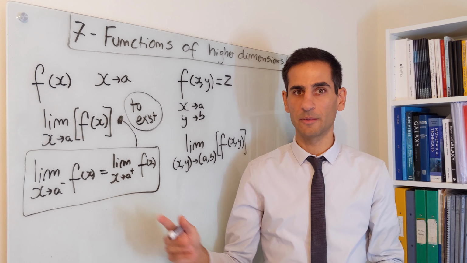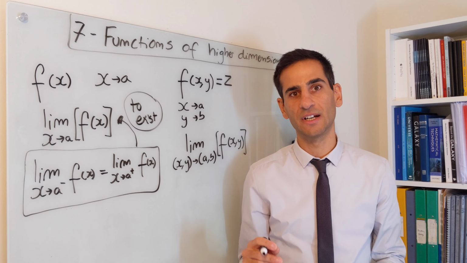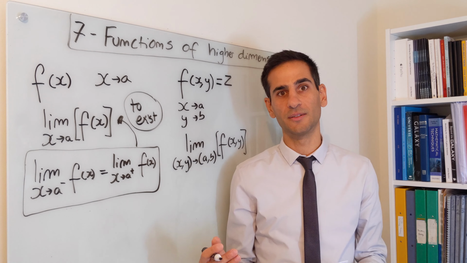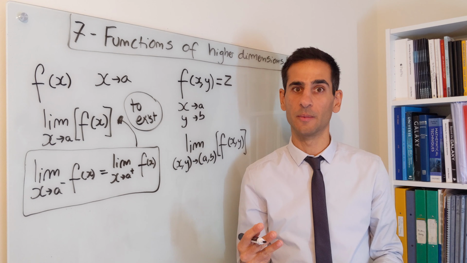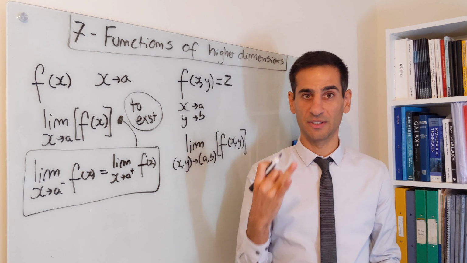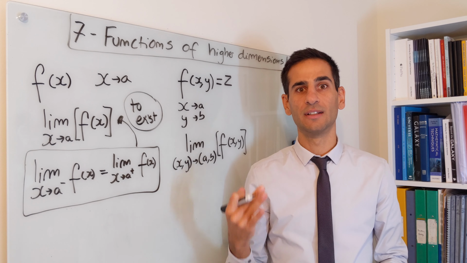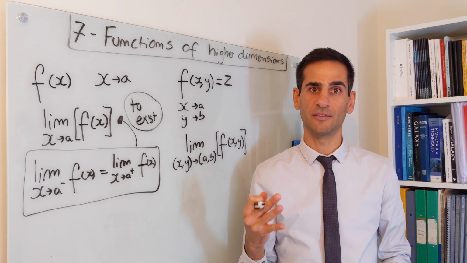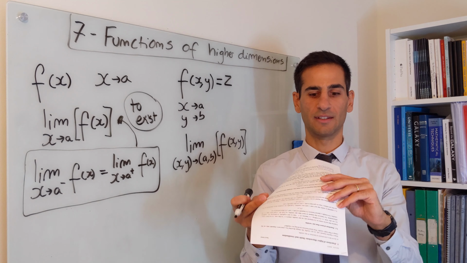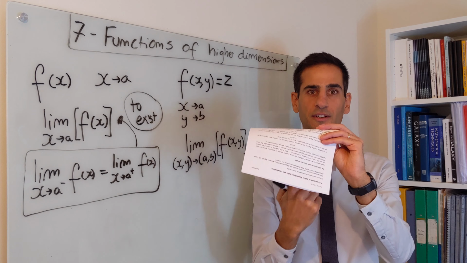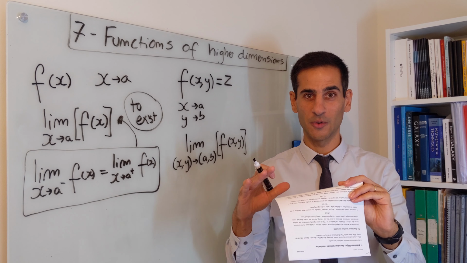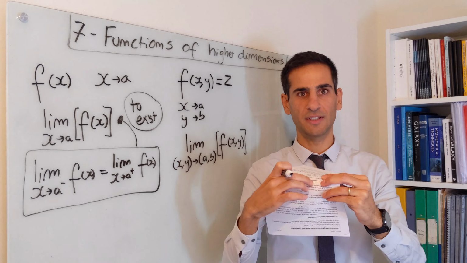But if you also remember from section 3, we defined what a continuous function is. A continuous function had to satisfy those three conditions: the function had to be defined at that point, the limit had to exist, and the limit equaled the value of the function at the point. If you look at these lecture notes at this point here, and I'm changing the curve all the time, so this function is changing, but go along with it, you'll see that it is continuous.